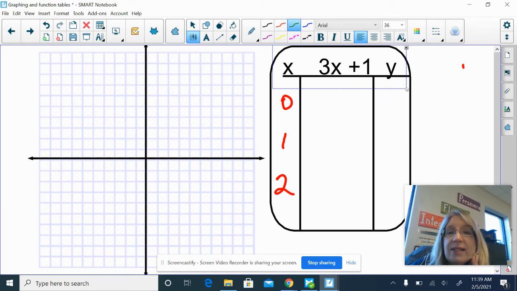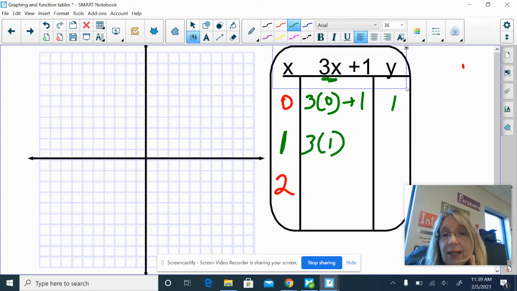Step 1, remember we said when they're side by side, they're multiplied. So 3 times 0, and you write it, 3 times 0 is 0, plus 1 is 1. Now I pull up this 1 here, put it in for X. 3 times 1 is 3.